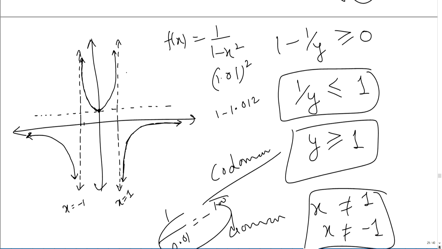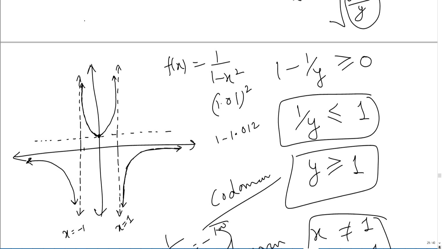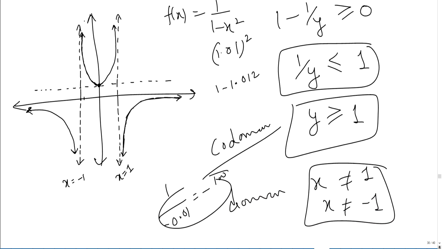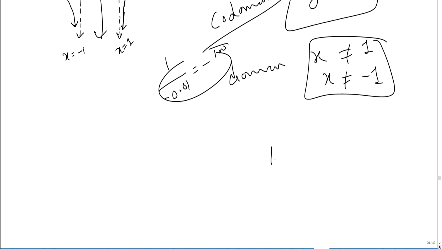Okay, there is also another way. If y is negative, then this will also work actually. Right. So we ignored this, so the condition that should be satisfied is this.